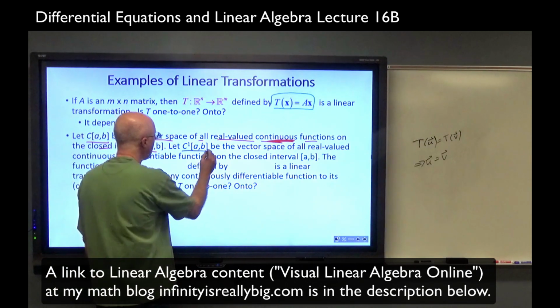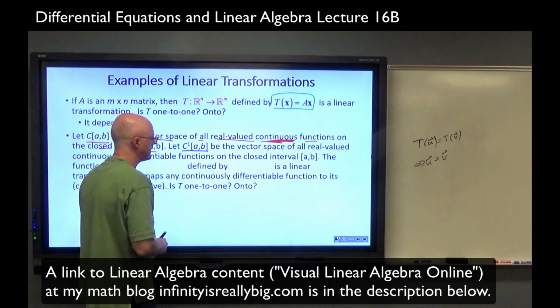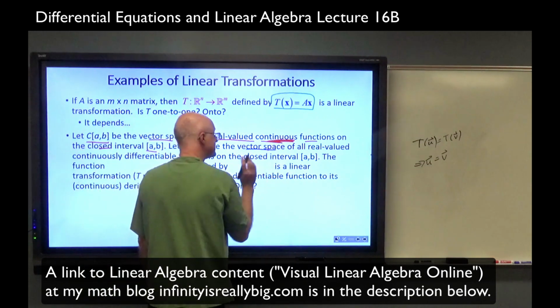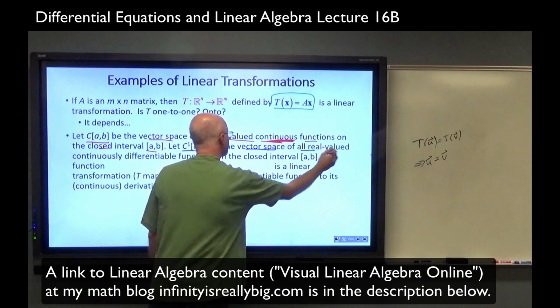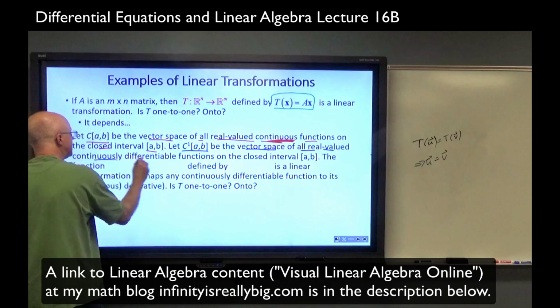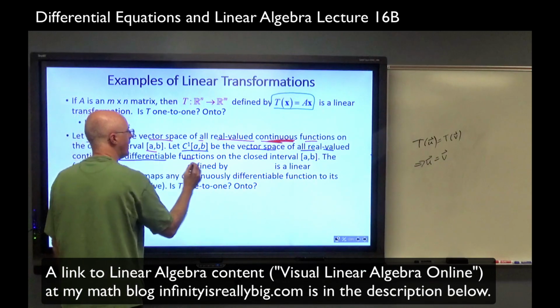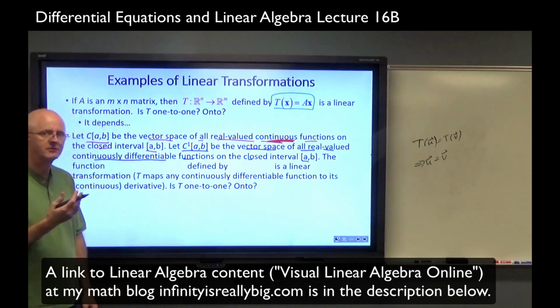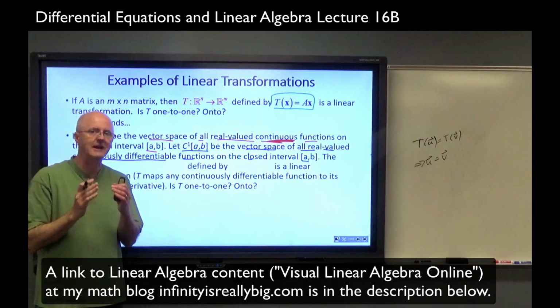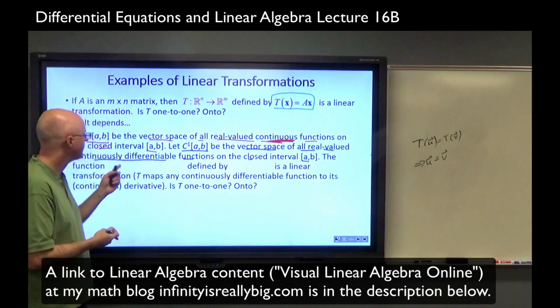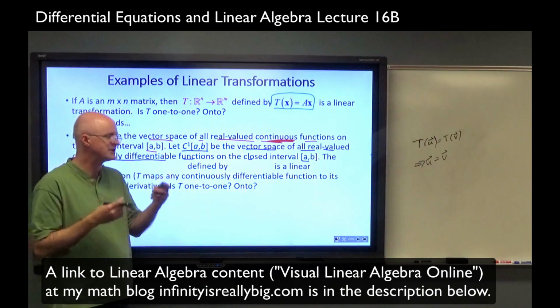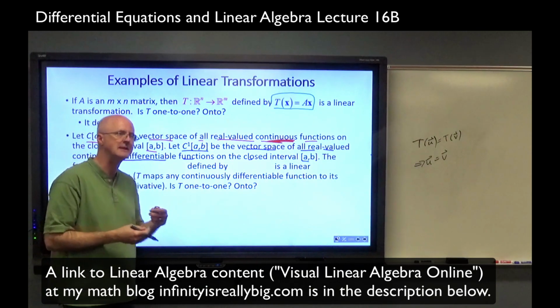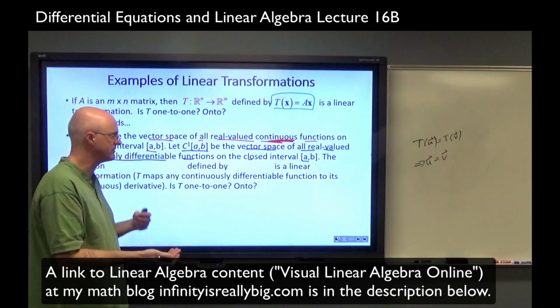And let C1[a,b] be another vector space. It is a different vector space: all real-valued functions that are continuously differentiable on the closed interval from a to b. If I used an open interval here, it would be a little easier to define exactly what this means, because by having a closed interval, I have to talk about differentiability at the endpoints, which really means you need to think about one-sided derivatives.